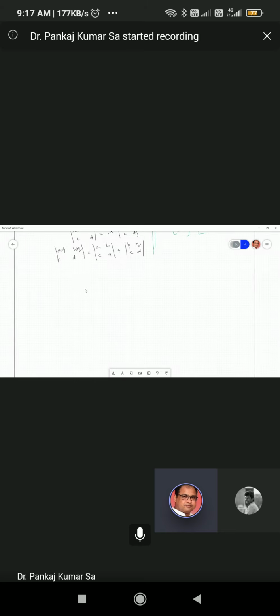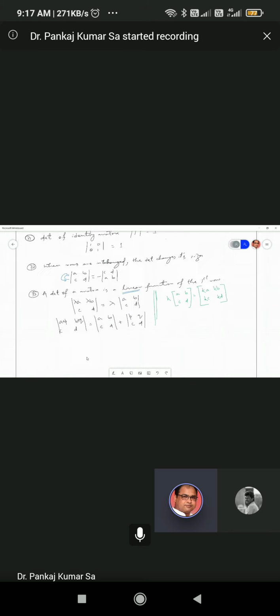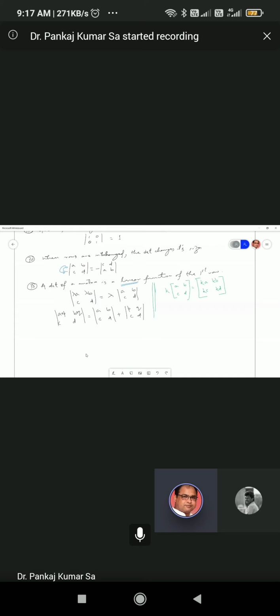Now, from these three properties, let us derive some more properties, some auxiliary properties, which are also very important. Property 3 says the determinant of a matrix is a linear function of the first row.